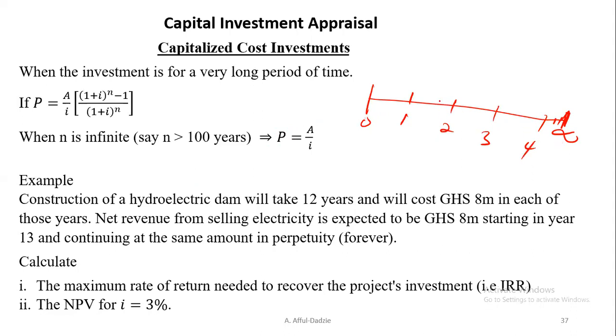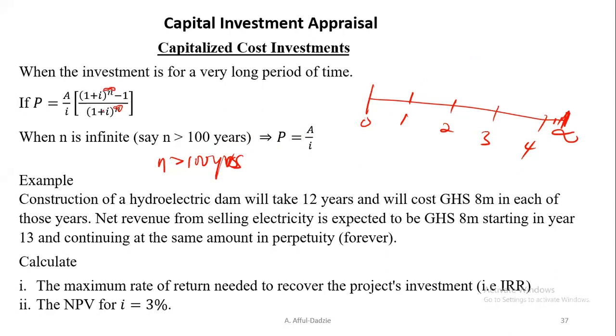We don't know, and normally we assume that when n is greater than 100 years, it becomes an infinite flow. So in the case of an infinite flow, if you want to find P, the present value, we don't know what n would be.